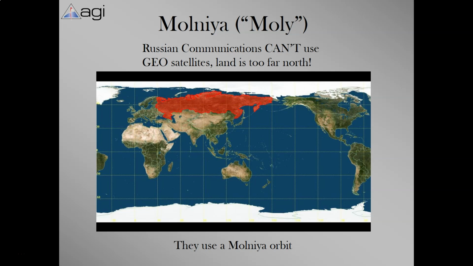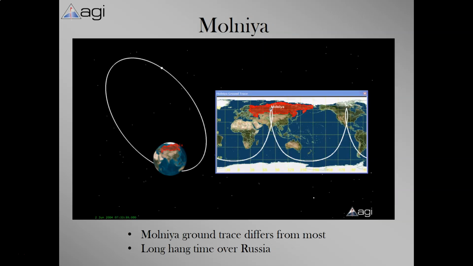This kind of orbit allows long-term communications over northern Russian landmass. Molniya ground traces, that's an image on the right there of a ground trace, differ from most conventional ground traces. The image below clearly illustrates the satellite hang time over Russia.